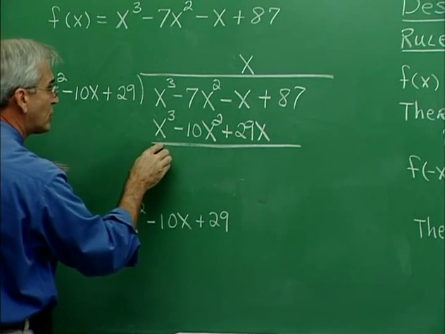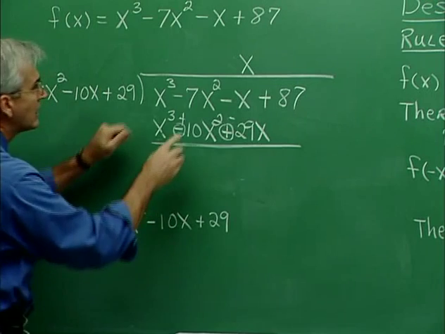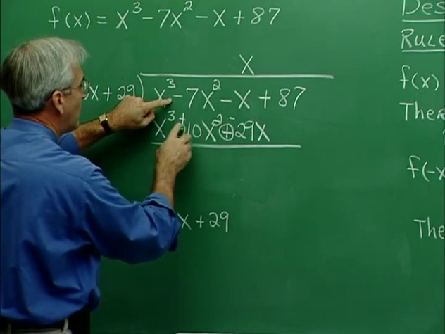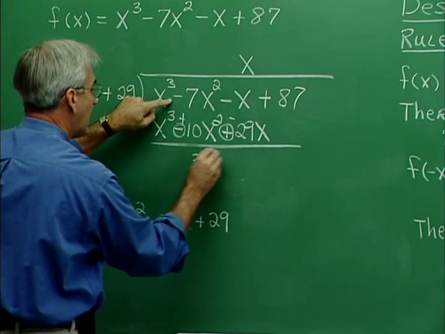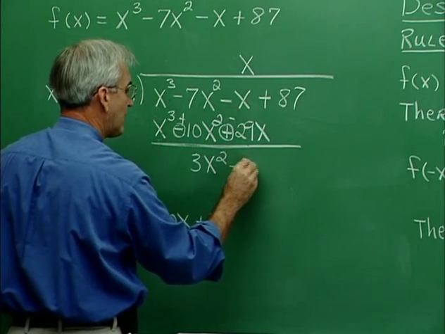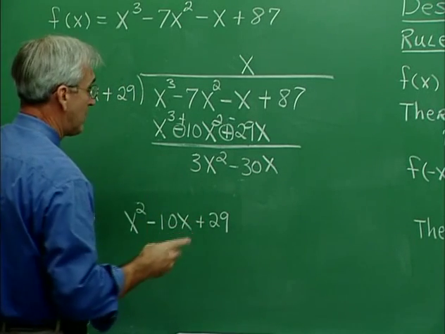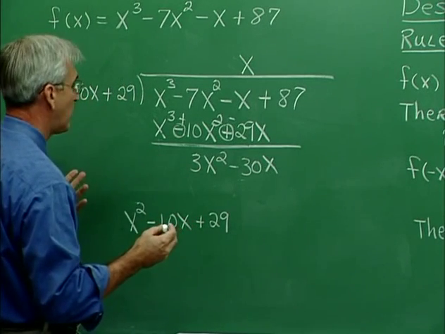Minus x cubed plus 10x squared is 3x squared. And then minus 29x with minus x is minus 30x.